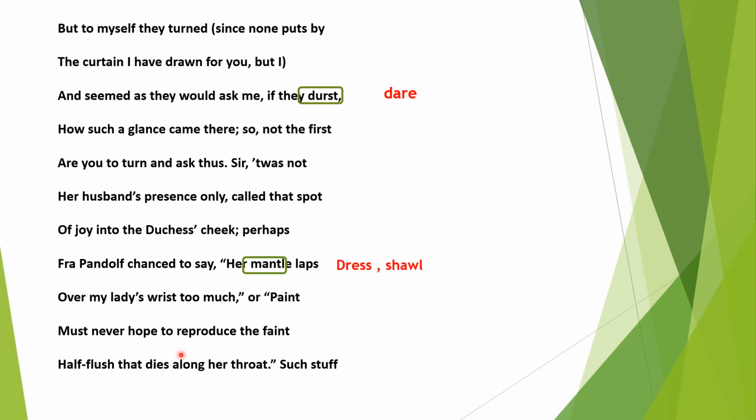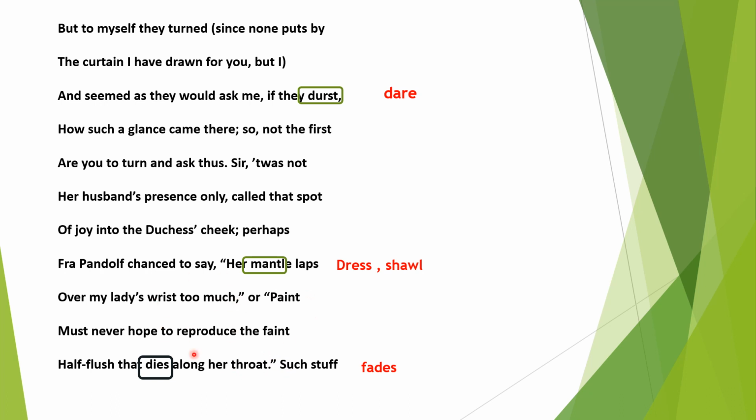Mantle is dress or shawl, and dies means faint, fades. That smile is fading along her throat. So he says my skill is not enough to reproduce that kind of smile. So these are the compliments maybe Fra Pandolf has given to my lady.